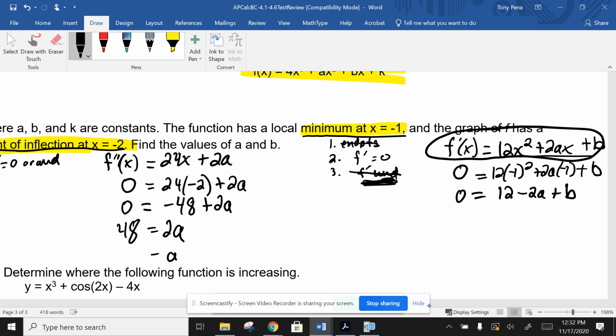And we get a to be my personal favorite number, 24. So we have that done. And then over here, we can let a be 24, and that allows us to figure out what our b is.